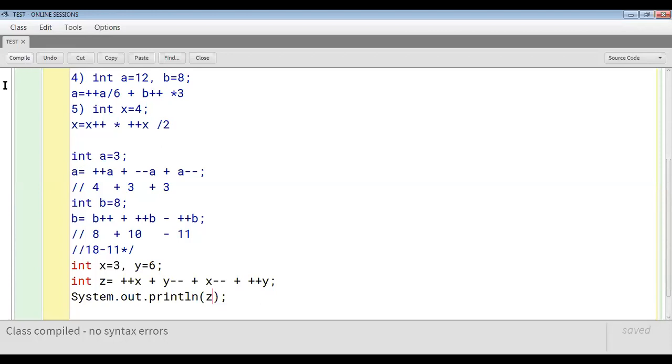So what I will do now, I will execute it and let's see what the answer is, because I'm getting a variety of answers. As we get a variety of answers, it becomes a little interesting to find the answer.